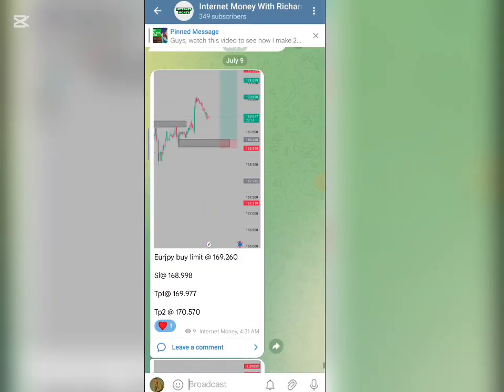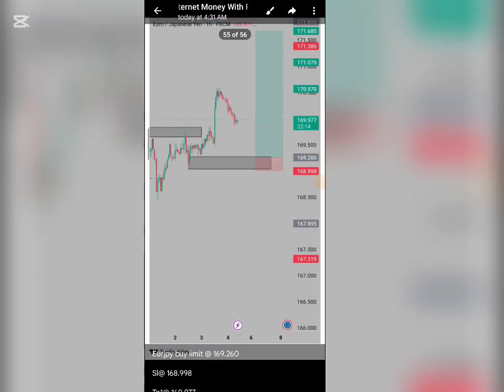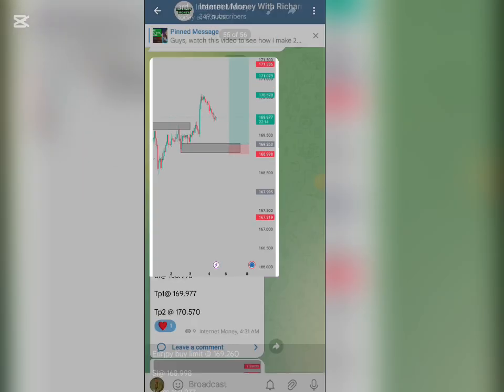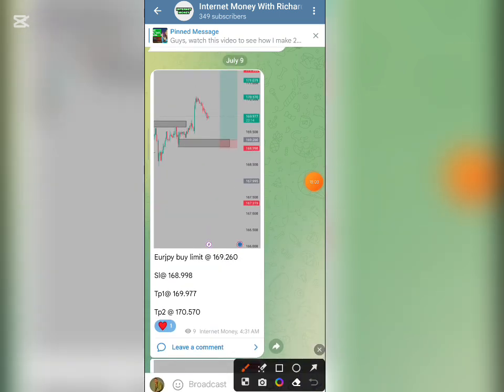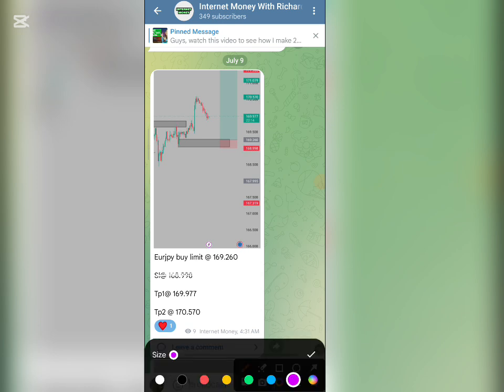Why? Because we still have the entry for the stop loss and the take profit. I don't know if you understand what I'm saying. If you look at it again, you can see the red: this is the stop loss, 168.998. That's our stop loss, the red one. I've told you the red one is the stop loss.